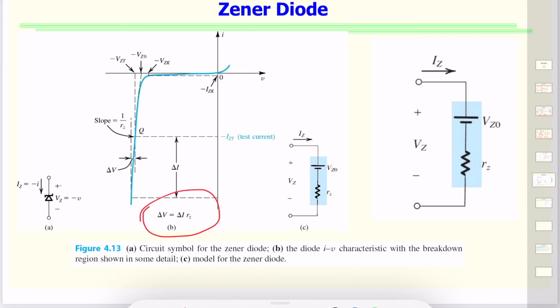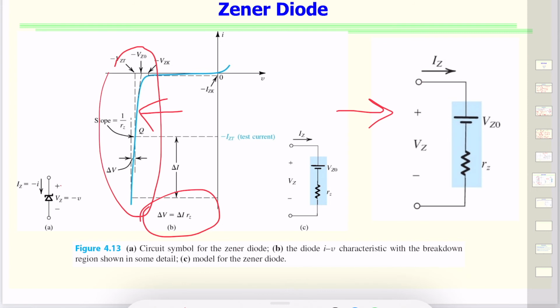So now the almost linear behavior in this region tells us that the device can be modeled like it is shown here. And here VZ naught, or VZ0, denotes the point at which the straight line of the slope, which is here 1 over RZ, intersects the voltage axis.